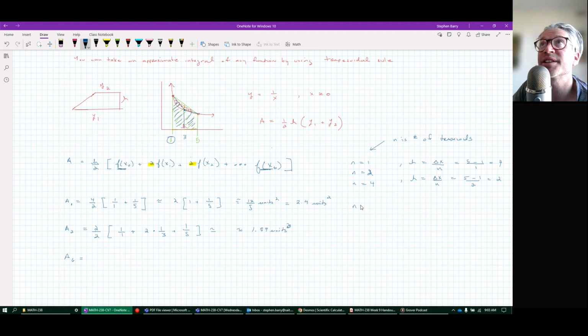But let's do it with 6 just to see how accurate it is. So if I want 6 trapezoids, that means that my h value is 2/3.